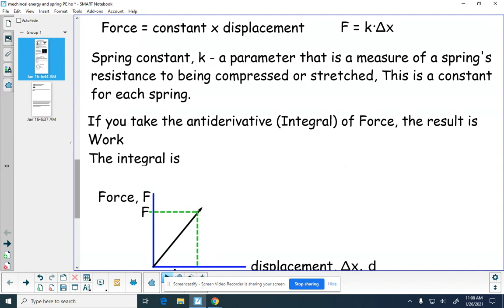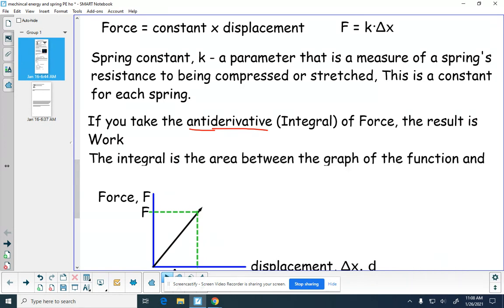We've dealt with the idea of derivatives in calculus. The undoing of the derivative, which we touched on a little today using the idea of a differential, is called an integral. It is the antiderivative. So if you take the integral of force, this results in work.